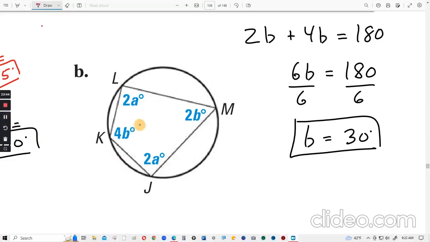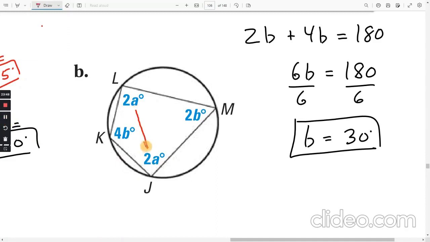So the other pair of opposite angles are diagonal from each other. So this one here is 2A in degrees, and so is this one right here. So we have 2A plus 2A equals 180.